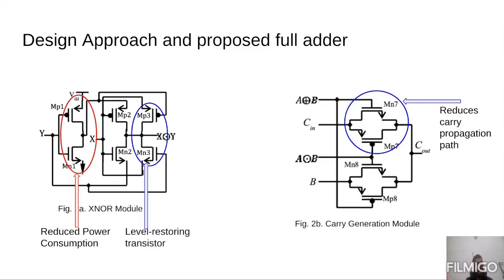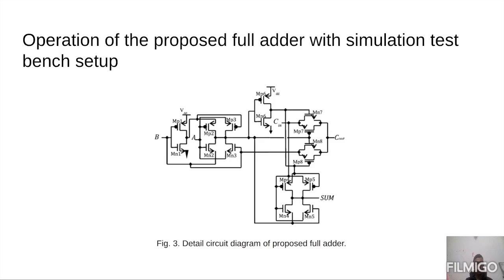And MP3 and MN3 basically restore the full swing output signal. In the carry generation module, we use strong transmission gates like MP7, MN7, MP8, MN8. So the combination of three modules proposes this circuit.